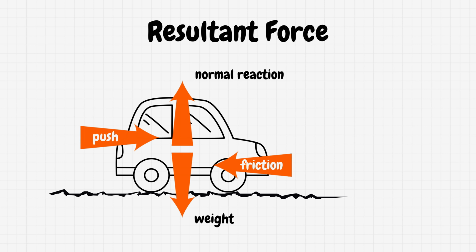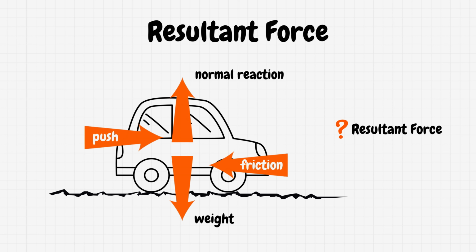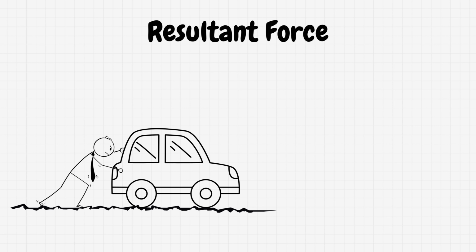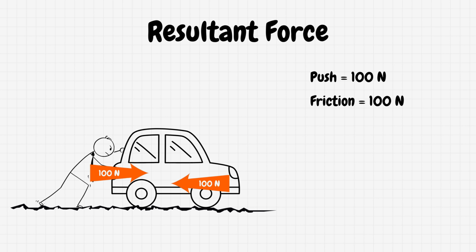Okay, let's go back to our car example and see how resultant force works in action. Imagine you're pushing the car with a force of 100 newtons to the right, but there's a friction force acting against the push force, also 100 newtons, but to the left. These two forces are in opposite directions, so we treat one as positive and the other as negative.